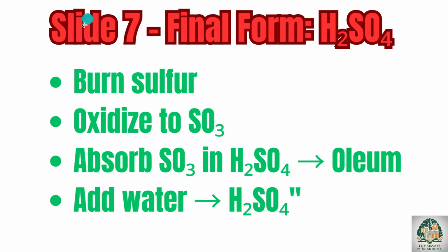Now the final recap. First step, burn sulfur to get sulfur dioxide, oxidize it to get sulfur trioxide, absorb sulfur trioxide in sulfuric acid to get oleum. Formula of oleum, H2S2O7, and then just add water and you will get sulfuric acid.